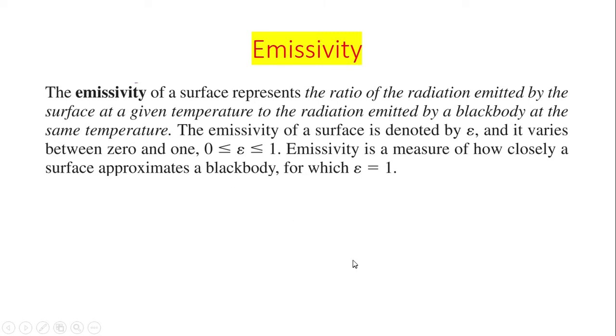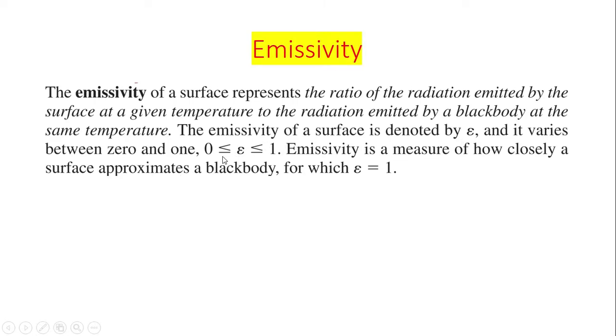So it is simply a ratio in which the upper side is the radiation emitted by a particular real body divided by the radiation emitted by the black body at the same temperature. Emissivity of a surface is normally represented by epsilon, and it always varies from 0 to 1.